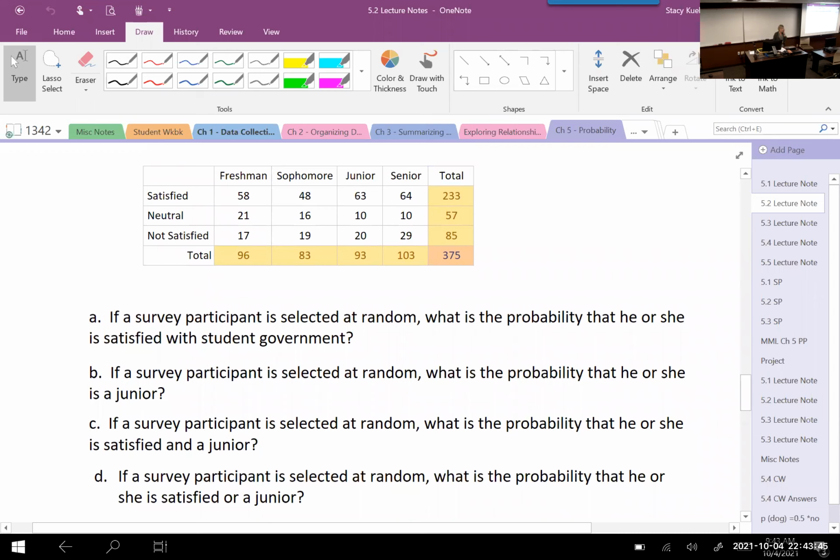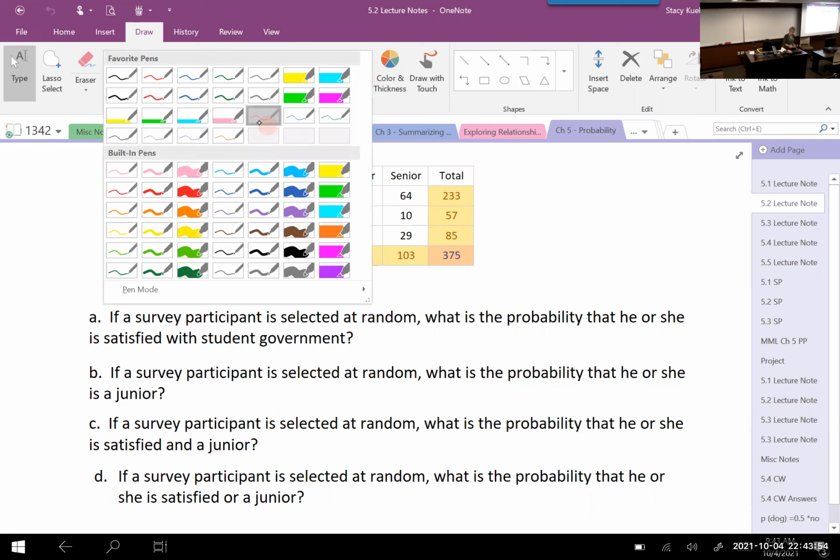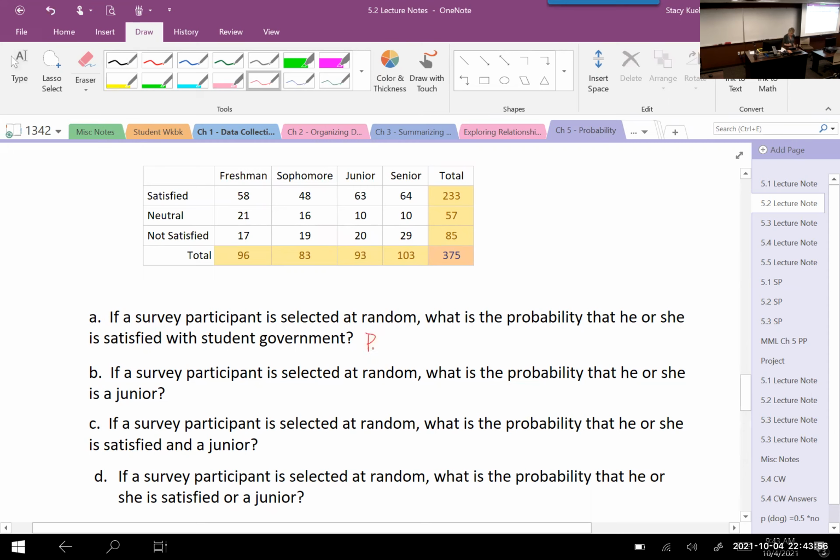It says, if a survey participant is selected at random, what is the probability that he or she is satisfied? So, probability of satisfied. Well, how would we find that? That's a single event, right? We just want to know how many people thought that they were satisfied.